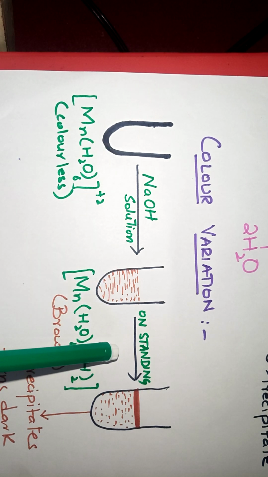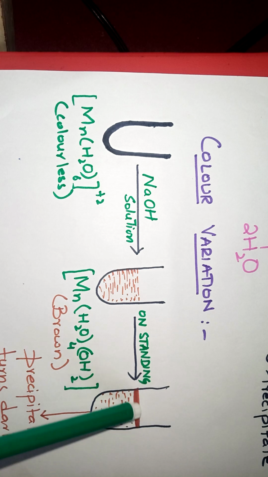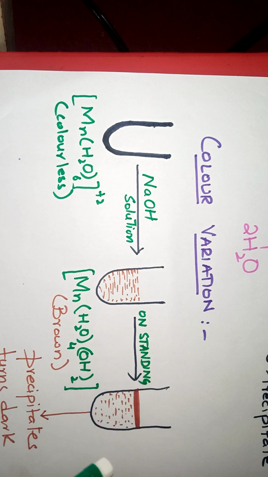And on standing, if you allow it to stand, the precipitate turns dark brown at the top. Why at the top? Because they are in contact with oxygen, and that's why they are turning dark brown at the top.